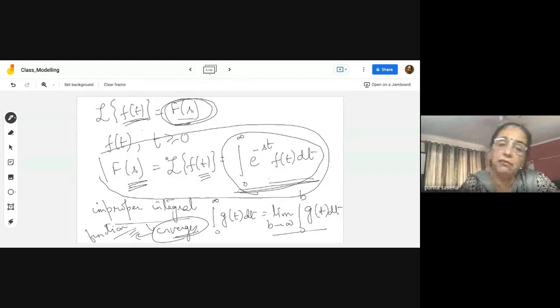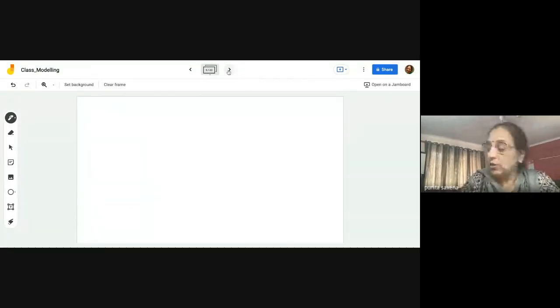So if I am given any f(t), and if I have to compute its Laplace transform, basically I have to just compute this integral, see if it converges or not. If it converges, then the corresponding function becomes the Laplace transform of that f(t). That means we are now going to get a table. We are going to have two columns, f(t) and F(s).